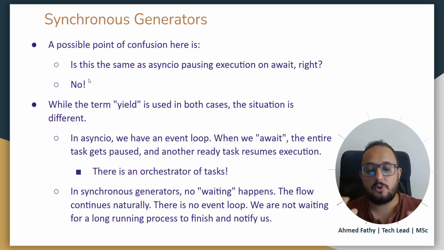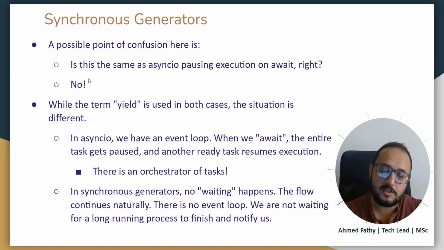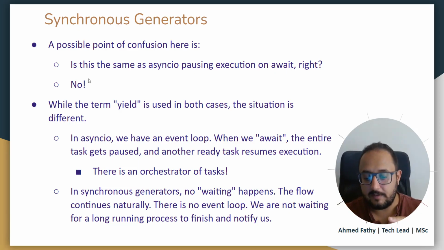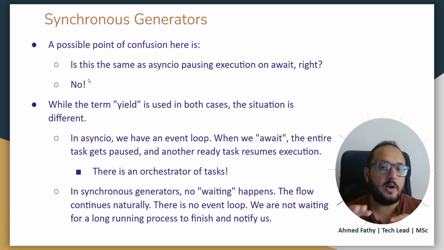So there is some sort of an orchestrator of tasks, that is the event loop, a task manager or a job queue manager, right? In synchronous generators, no waiting happens. I mean, the flow continues naturally. There's no event loop here. There's no async IO. We are not waiting for a long running process to finish and notify us, right?